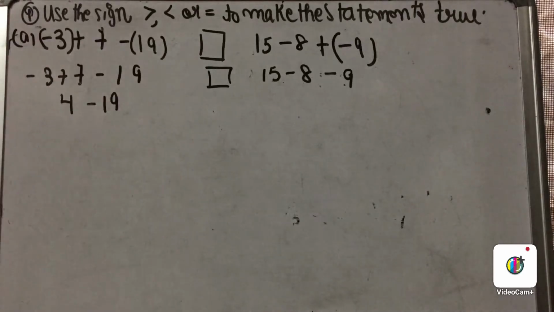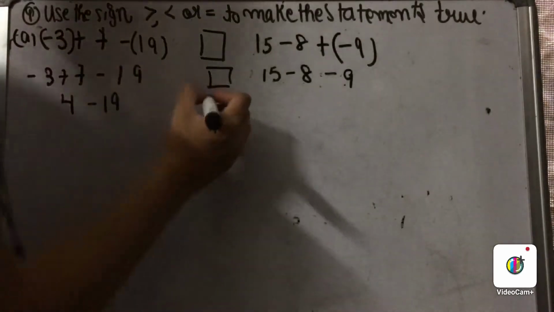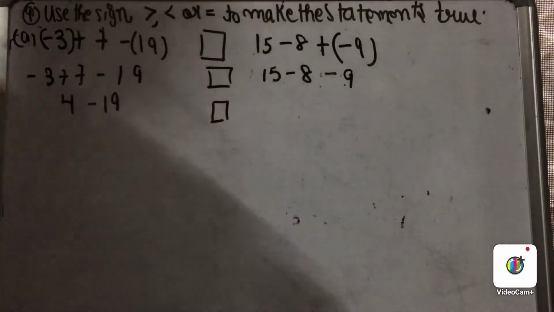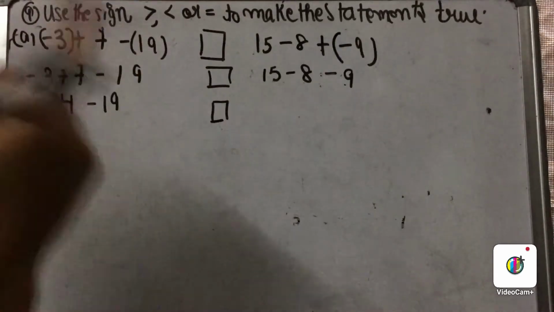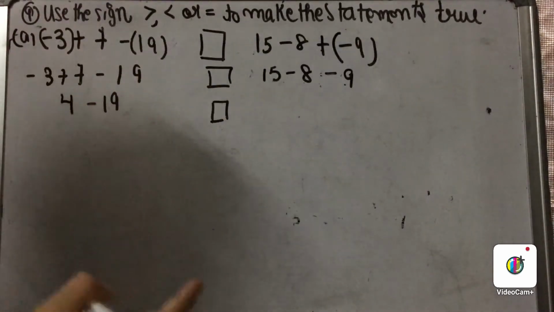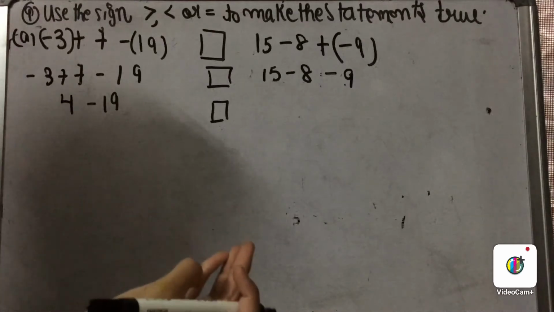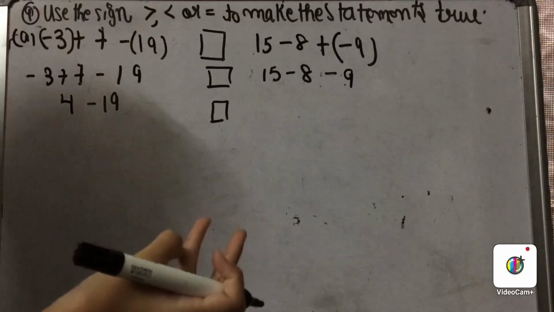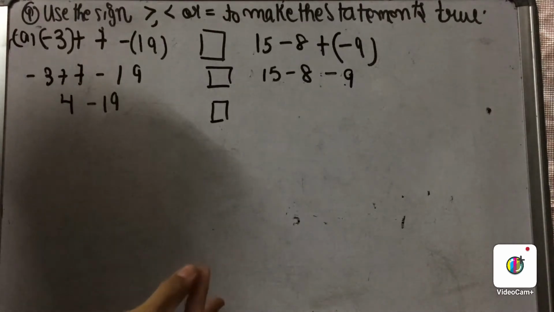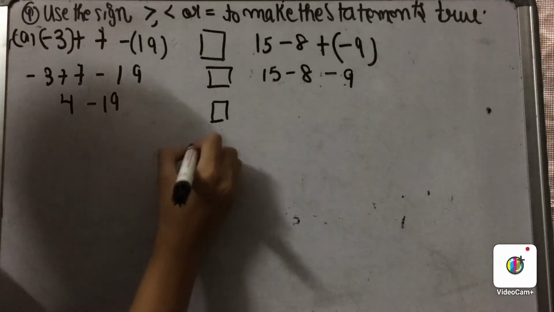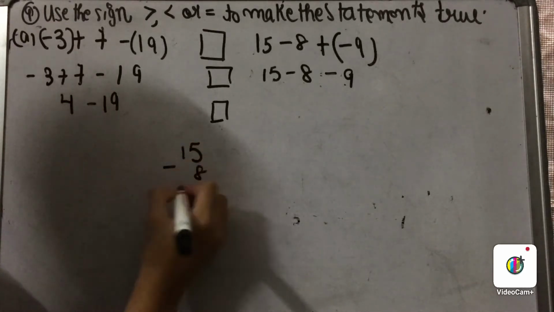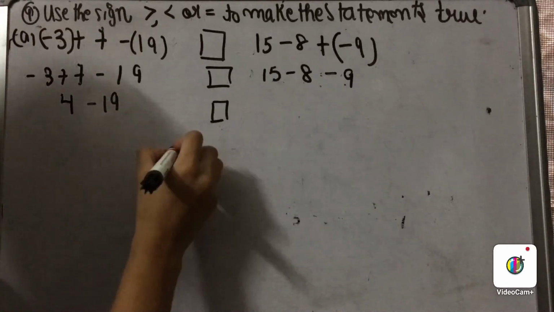Minus 19 as compared to 15 minus 8. What is 15 minus 8? 8, 9, 10, 11, 12, 13, 14, 15, 16. If you didn't understand like this, I would write this like this.